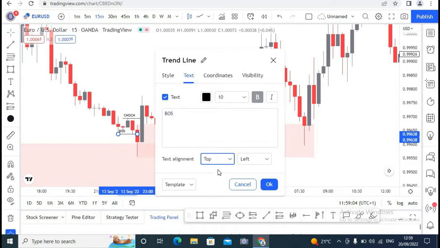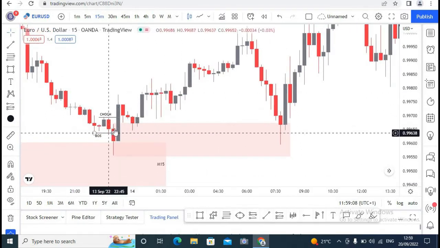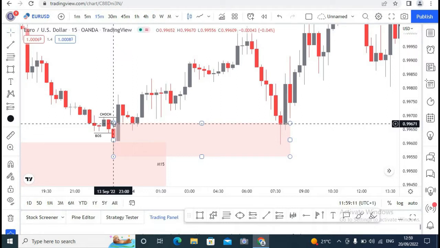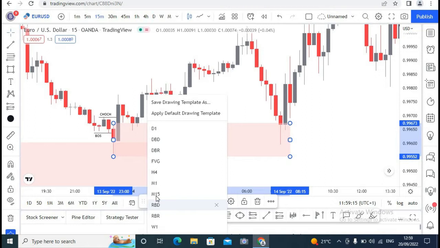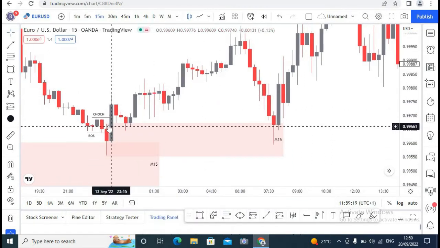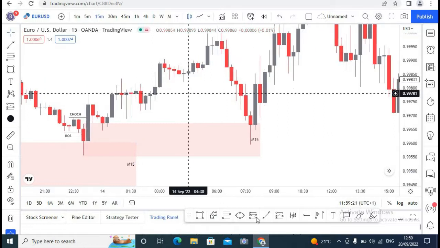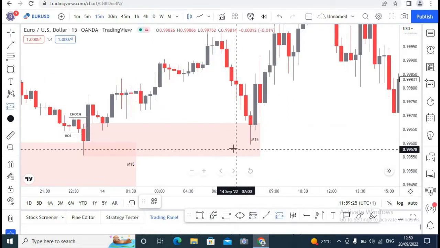I hope you can see something like this. Now this is our bullish engulfing, meaning it's our demand level. Now this is a demand level right here, guys, as you can see. So you have to highlight the high and the low, and then what you have to do, you have to calculate your risk now.